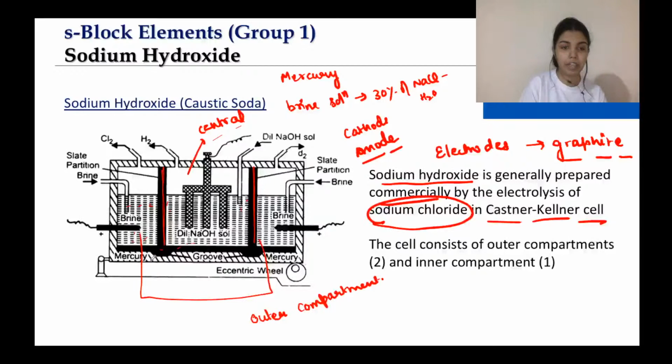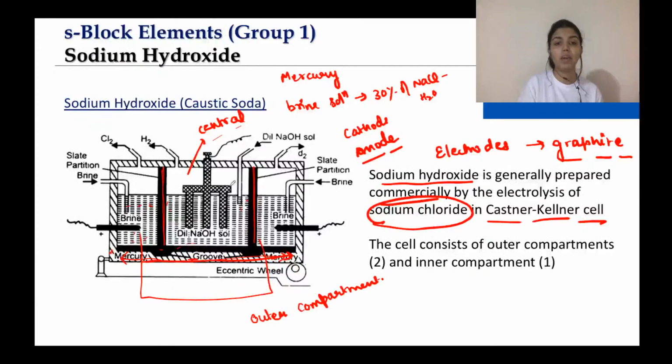Now mercury you can see here. Here we place mercury. So this mercury is able to travel from here to there. That means it is present in the three compartments. Right. So this whole part is what? Mercury. There are three compartments in which the electrolyte is what? Brine.